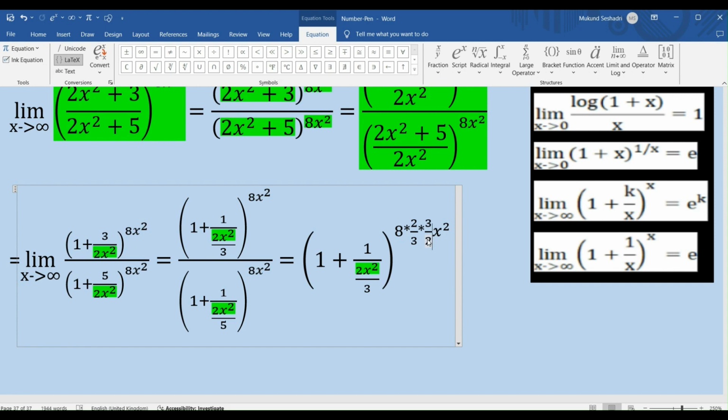So I can rearrange this expression, and I'm going to handle only the numerator right now, as my 8 into 3 by 2 is nothing but 12, because 8 into 3 is 24 and 24 by 2 is 12. So if I write this expression as 2/3 x², I get (2/3 x²) into 12.